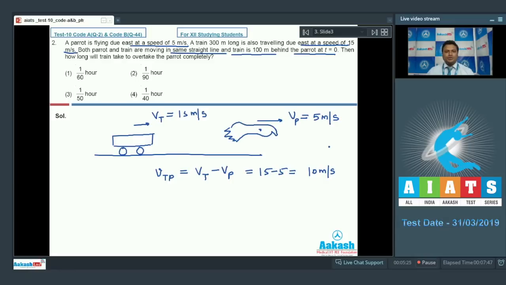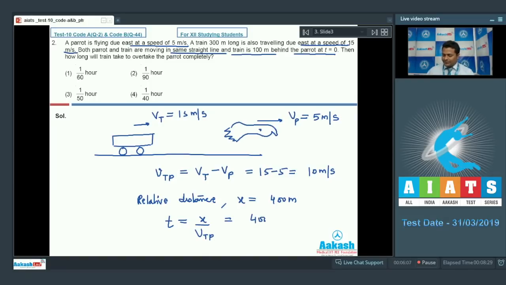Now in order for the train to cross the parrot completely, the relative distance x will be given by 400 meters, that is 300 meters of the train, and 100 meters is the separation between the train and the parrot. In total we get 400 meters. So the relative distance we have got is 400 meters. Now the time taken by the train to cross the parrot will be given by t equals total distance x divided by relative speed vtp.